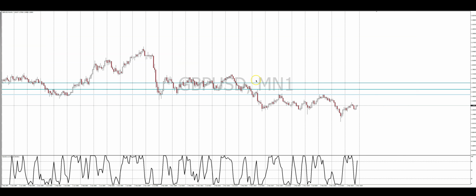So I'm looking at the monthly time frame, right? What I want to do is understand the candles as they relate to the time frame that I'm looking at. This is the monthly time frame. That means every one of these candles represents 1 month of price data, right? And if you understand that, then you will know the validity in this candle.